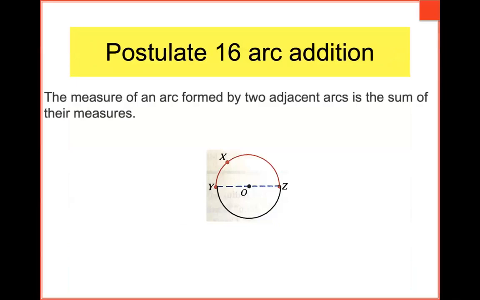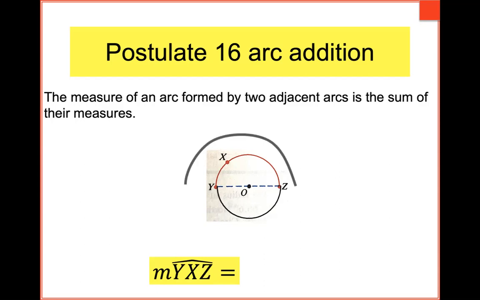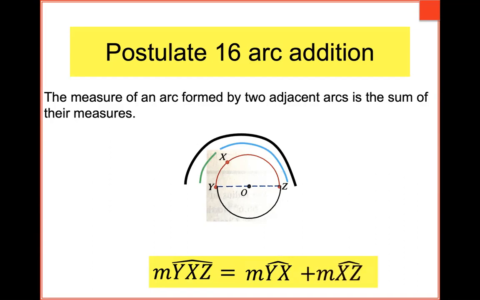Postulate 16 simply states that if you want to know the measure of a larger arc, you break it up into little pieces. In other words, the measure, the little m for measure, of arc YXZ would be equal to the measure of arc YX, the green arc, plus the blue arc, in other words, the measure of YX plus the measure of XZ.